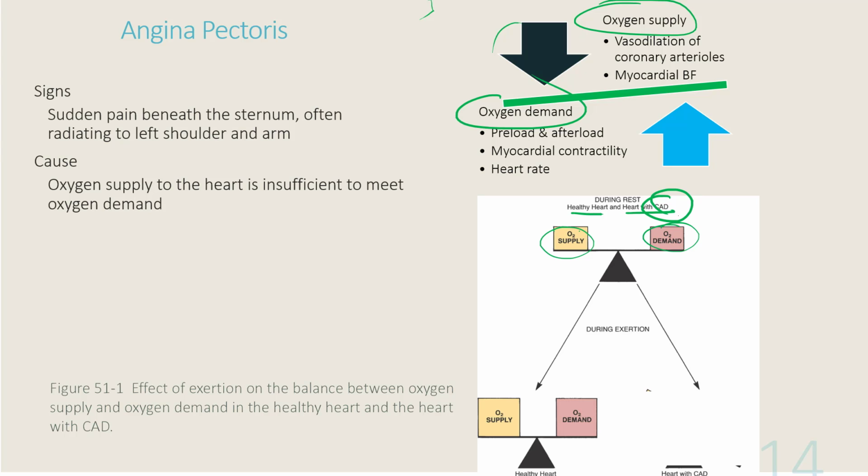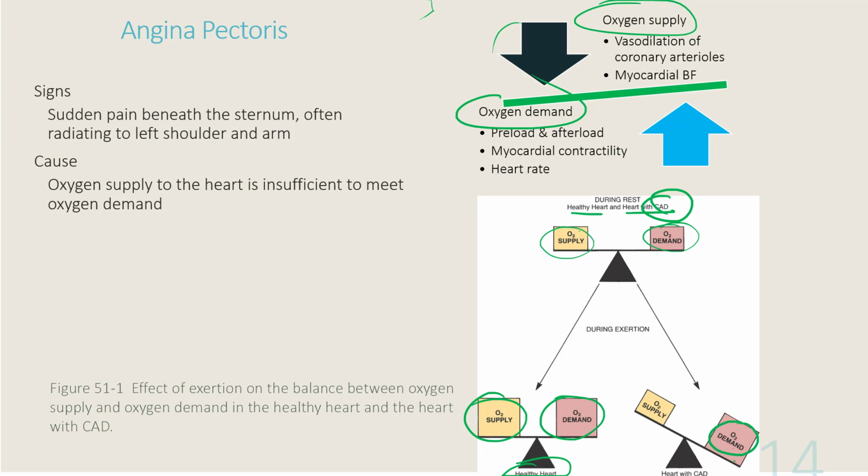But what happens during exertion is that with a healthy heart, again, the amount of oxygen that's demanded matches the amount of oxygen that's supplied, right? Whereas in a heart with coronary artery disease, demand is much greater.